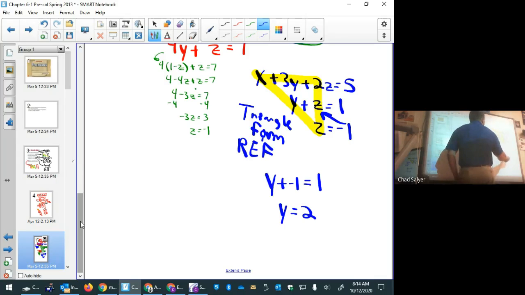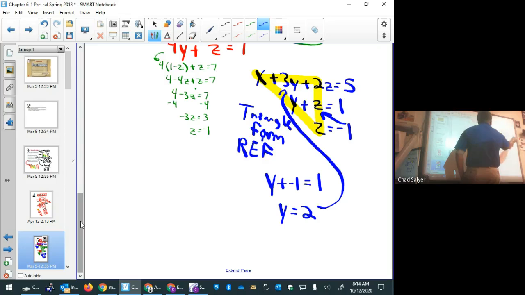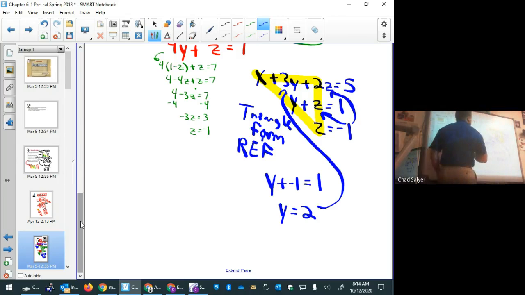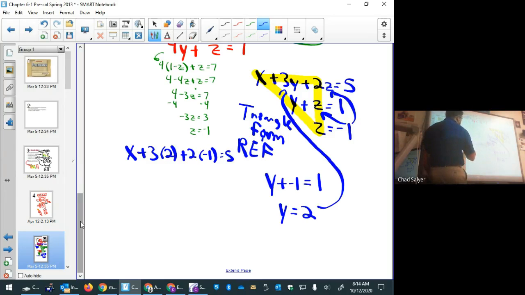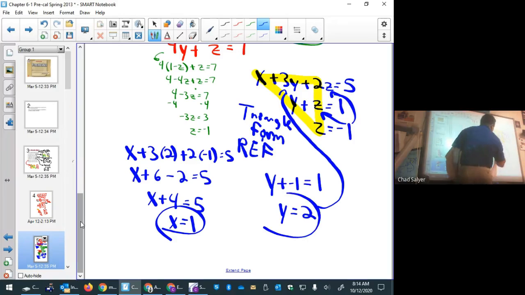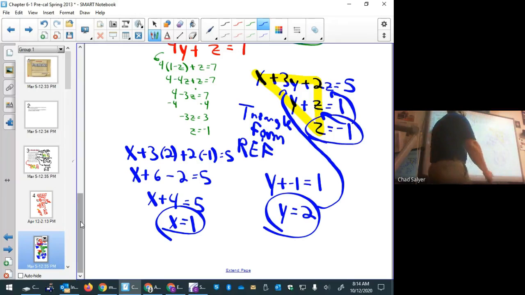And now I plug both of these into the first equation, and I get x plus 3 times 2 plus 2 times -1 equals 5. So x plus 6 minus 2 equals 5. x plus 4 equals 5. x equals 1. So you're just setting yourself up for this easy solution when you get to REF.